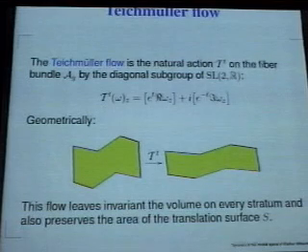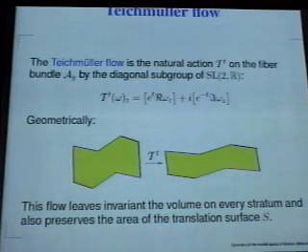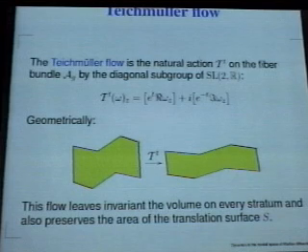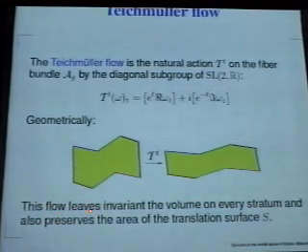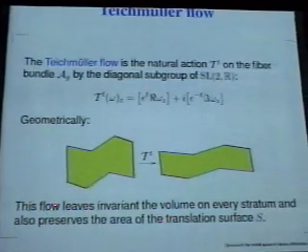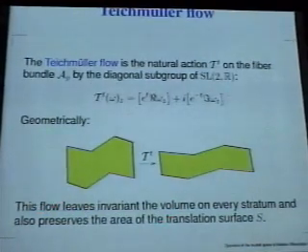It's very easy from the picture, at least, to see that the Teichmüller flow preserves the area. If you have a translation surface and you apply the Teichmüller flow to it, it will have the same area because you have multiplied the horizontal by e to the t and divided the vertical by e to the t. So the area is the same. It has other properties that are somewhat more subtle to prove. The flow preserves each one of the strata.